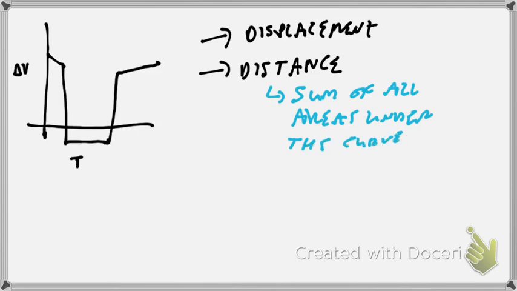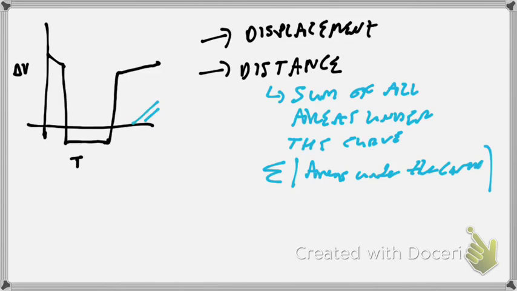And it is the sum of the absolute value of all areas under the curve, right? Which means that this will be considered distance. This would be considered distance, right? But this would be considered a positive distance. And this would also be considered distance, right?